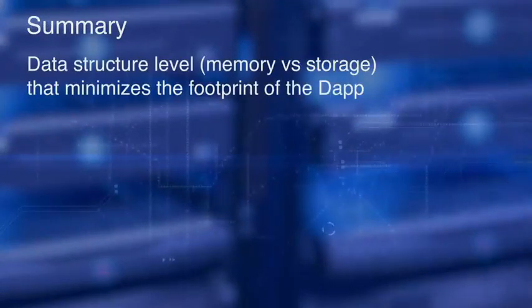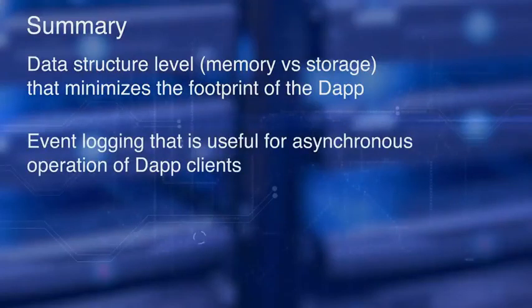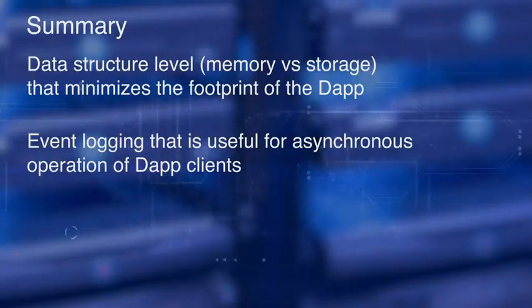In summary, we learned about some best practices that can improve the basic design of a DApp. The first one is at the data structure level, memory versus storage, that helps to minimize the footprint of the DApp on the blockchain. The second one is about event logging, which is useful for asynchronous operation of DApp clients, which improves efficiency.